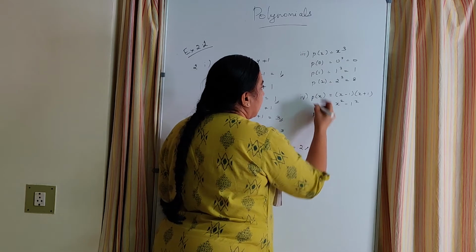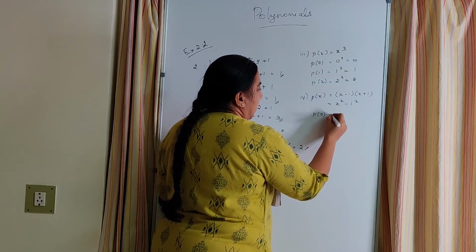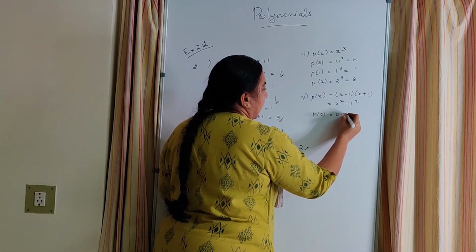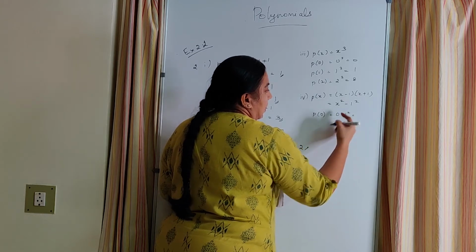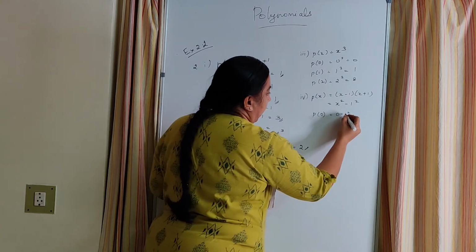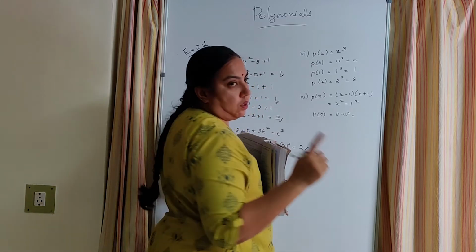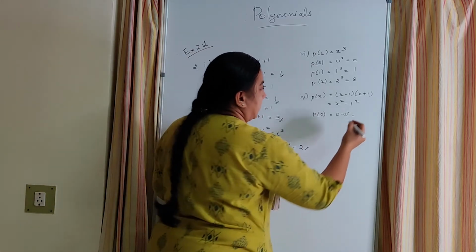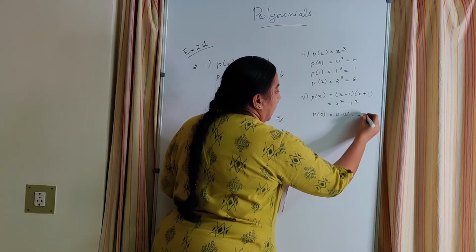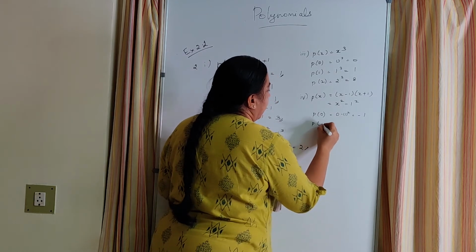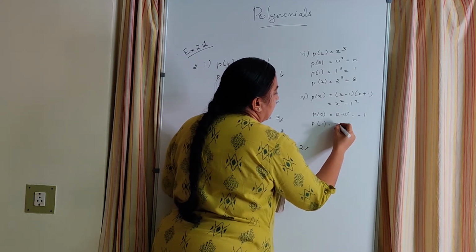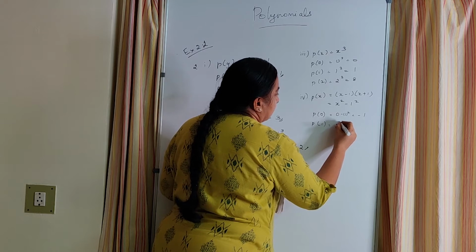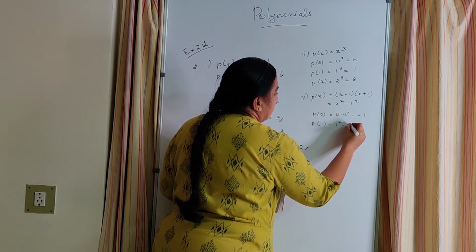Now when I substitute the value 0, it becomes 0 minus 1 square, so minus 1 square, which is minus 1. P of 1 is equal to 1 square minus 1 square.